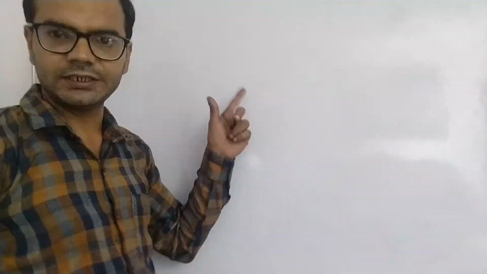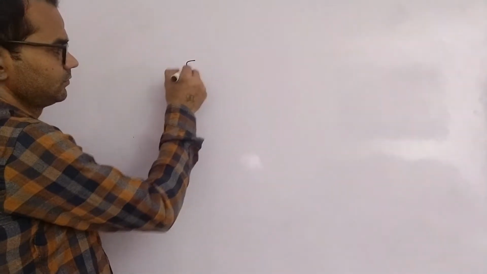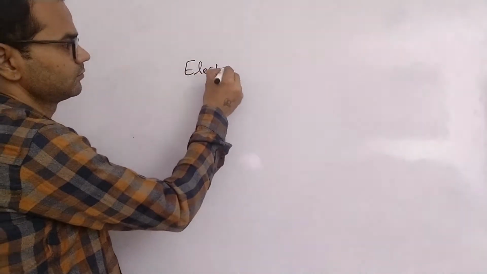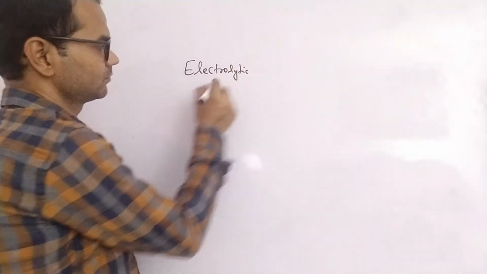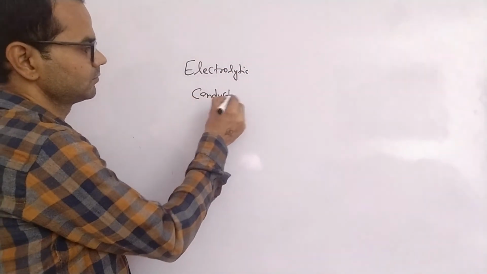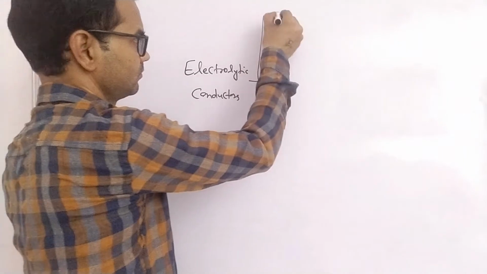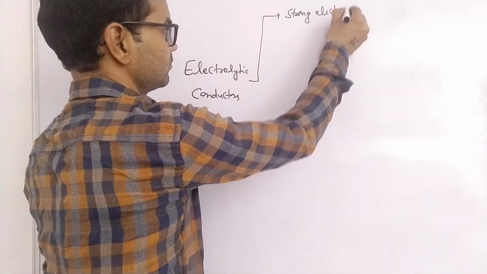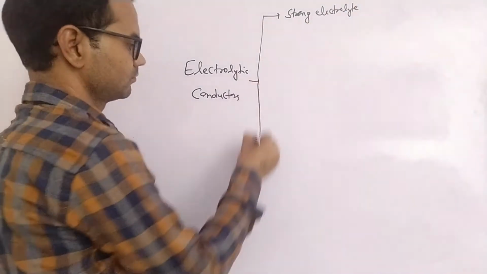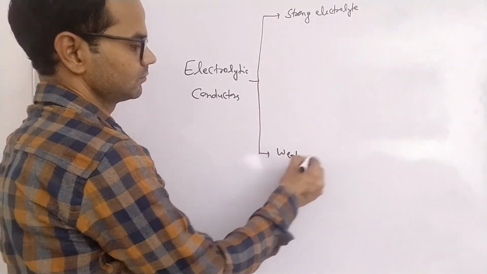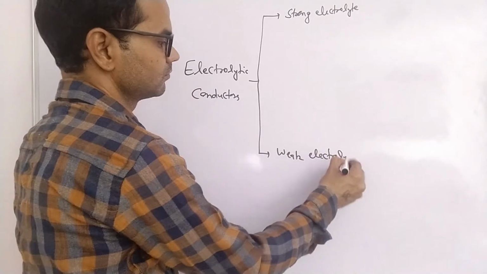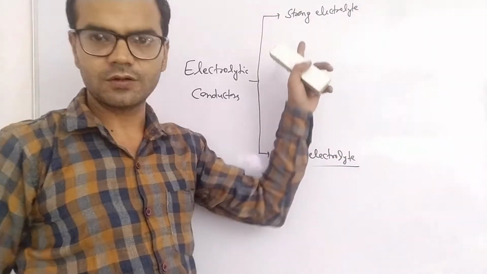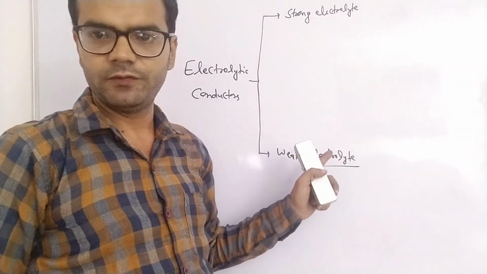Next, electrolytic conductors are of two types: strong electrolyte and weak electrolyte.